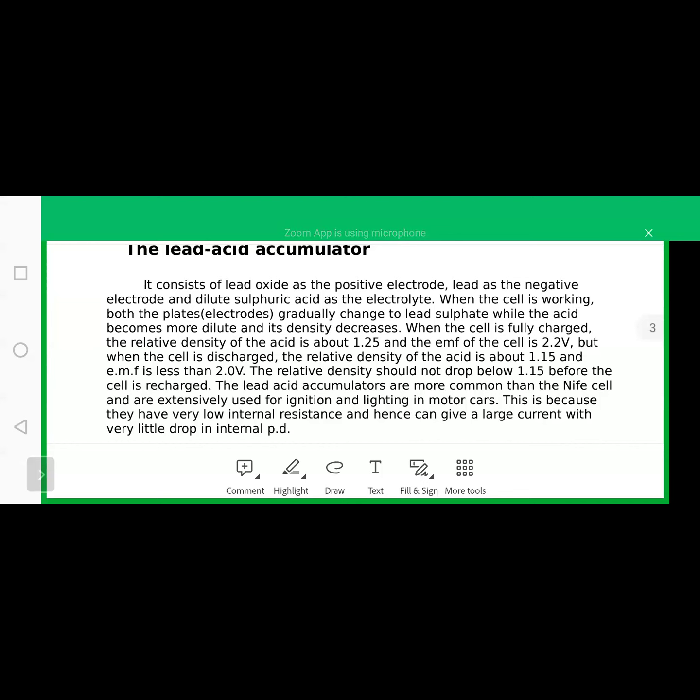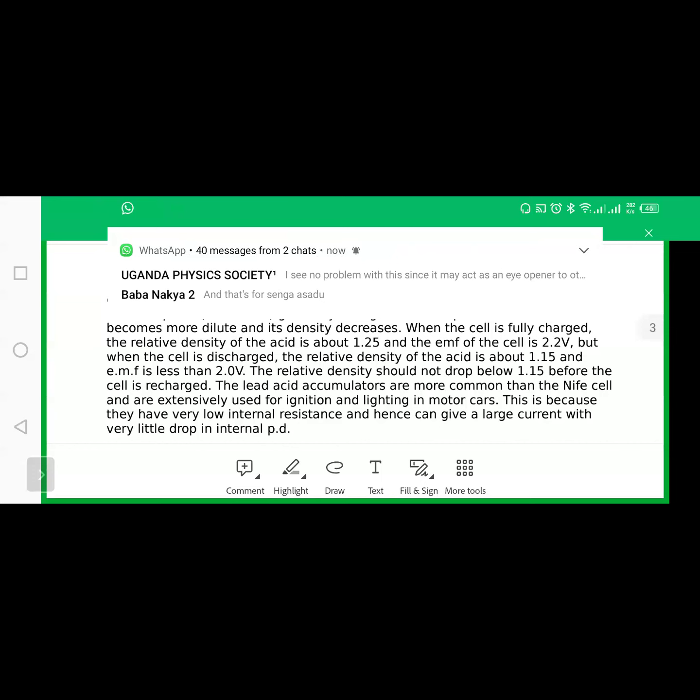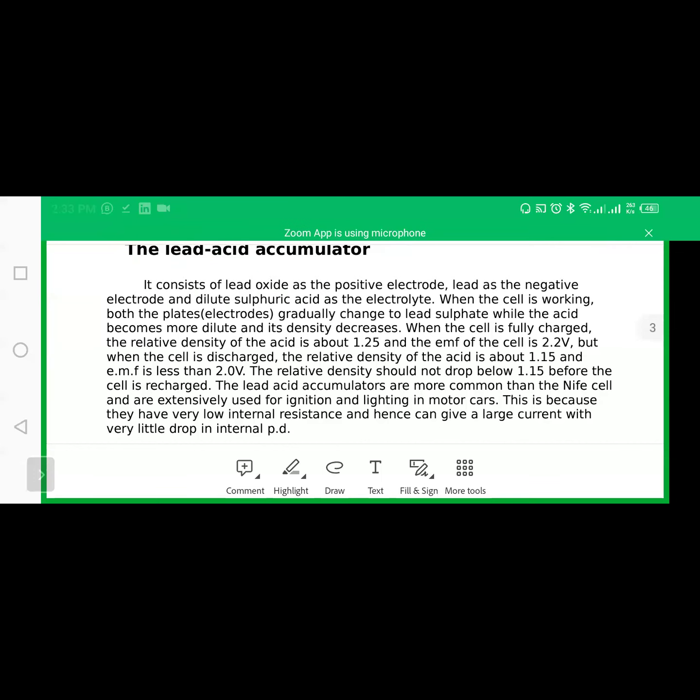When the accumulator is fully charged, the relative density of the acid is about 1.25, and the EMF of each pair is also 2.2 volts. The cathode is lead, the anode is lead dioxide, and the electrolyte is dilute sulfuric acid. When it is working, both electrodes gradually change to lead sulfate, the acid becomes more dilute and its relative density decreases. That's what I think.